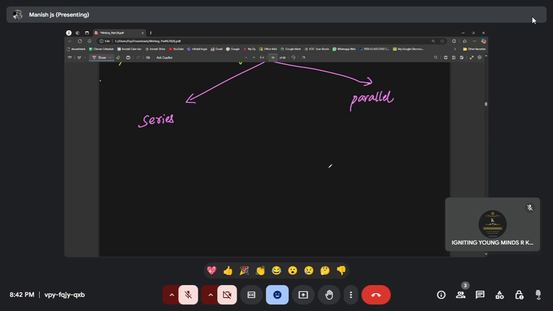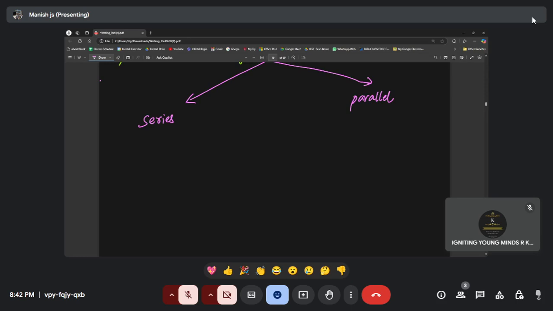On the contrary, you also have another type of combination which is called parallel combination. Now, how are the connections done in parallel? Something easy to understand is a ladder. In the ladder, how the connections are made: it is one below the other. It's not one after the other.